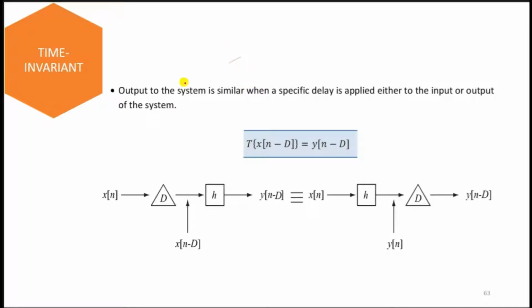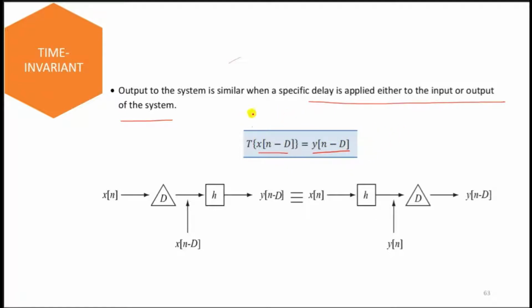Time invariant is when the output of the system is similar when a specific delay is applied to either the input or output of the system. So it means that if a delay is applied to the input x[n], where capital D is delay, and you also apply a delay at the output, so y[n] becomes y[n-D].